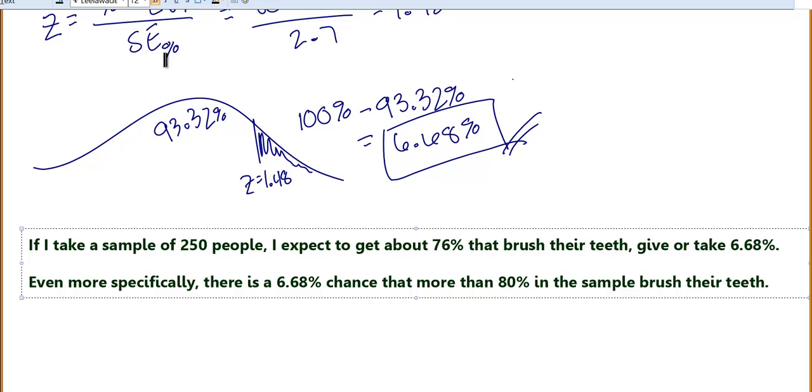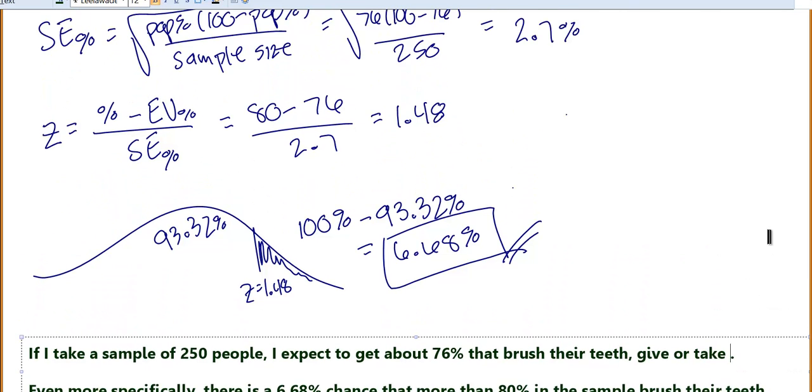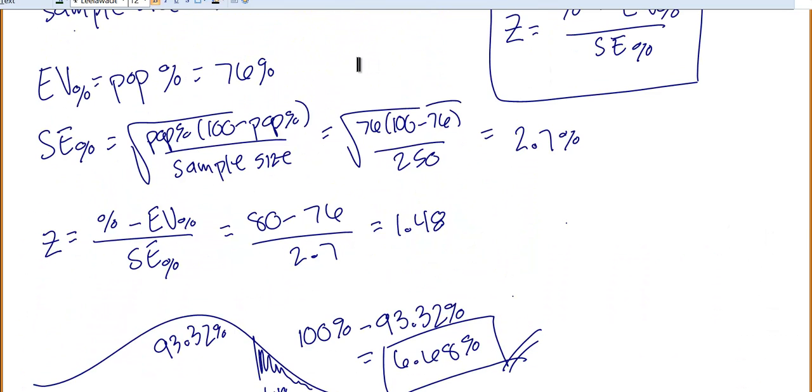What did I do wrong here? This is what happens when you're zoomed out too far. We expect 76% to brush their teeth, give or take how much? What should be my give or take amount?